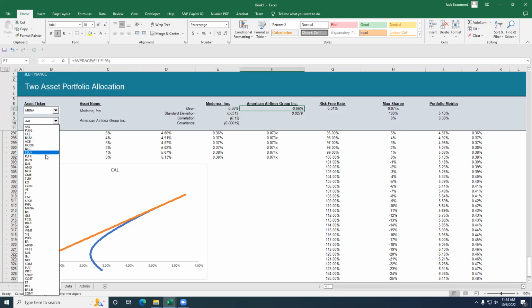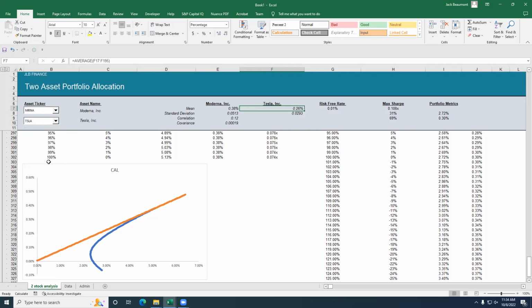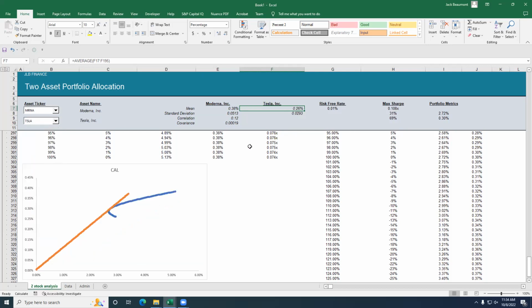Let's try to find something in here. Let's do Tesla and Moderna, and see what it says. Okay, this is a nice portfolio here.